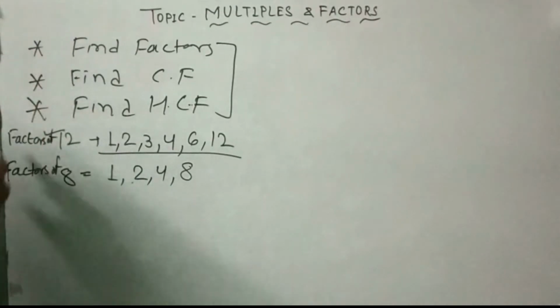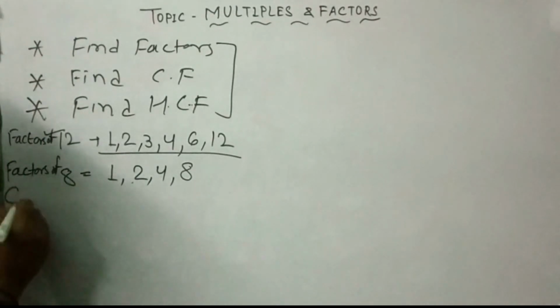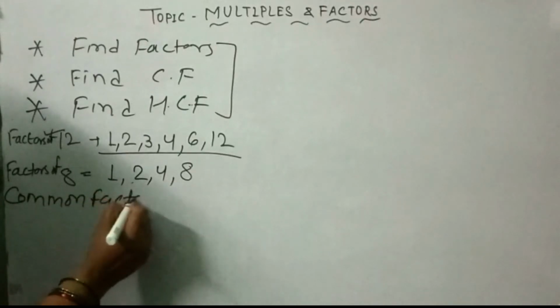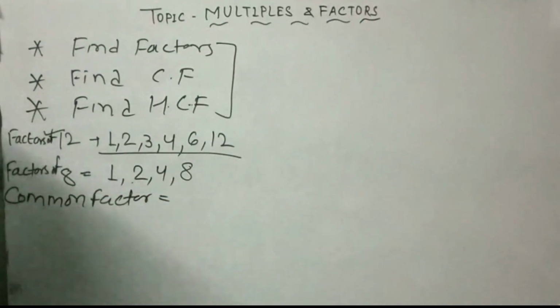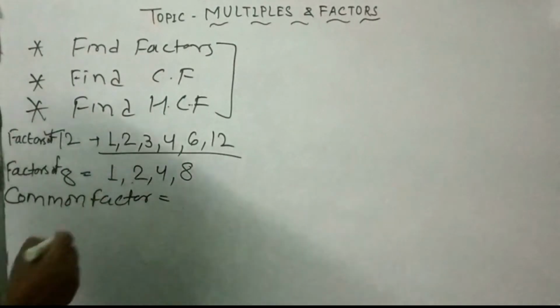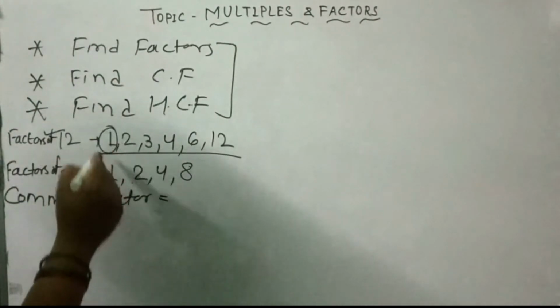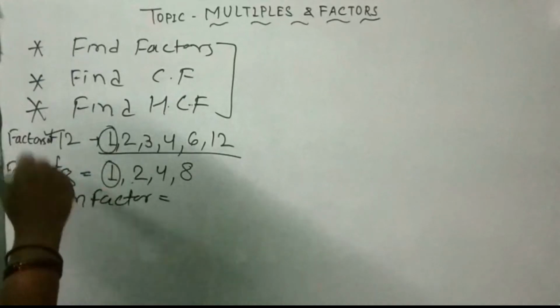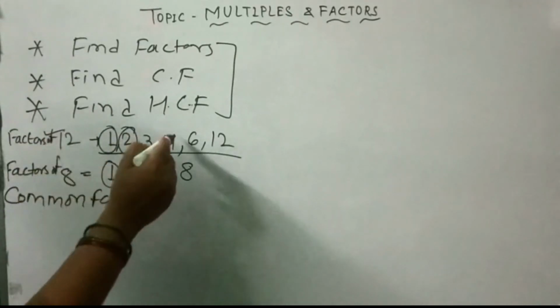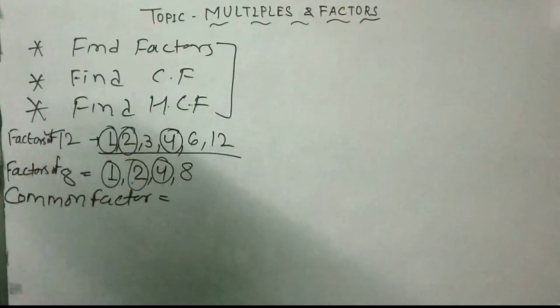After finding the factors, we have to write the common factors. Do you know about the word common? That means 1 is common in both numbers. 2 is common in both numbers. 4 is common in both numbers.